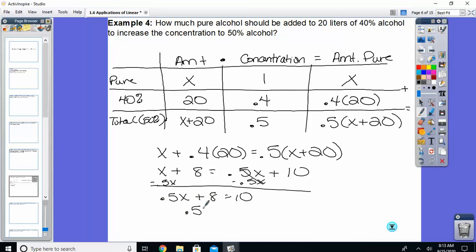Subtract my 8. Divide by 0.5, and we get 4. If you have negative 0.5, because you subtracted it over, right here? Well, this is like a 1x, so it'd be minus 0.5. So it's like 1 minus 1/2.